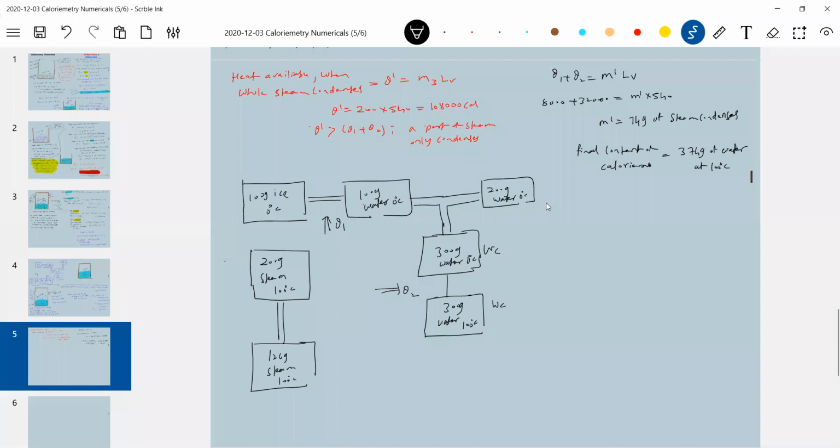So that will be heat released. So M dash into LV, and that heat released will be given for Q1, Q2. So if you want, you can write it as Q3. So what is Q3? We don't know that one, no? So therefore I'm writing Q3. So this Q3 only will be taken as Q1, Q2.